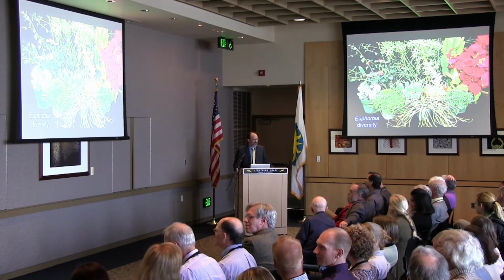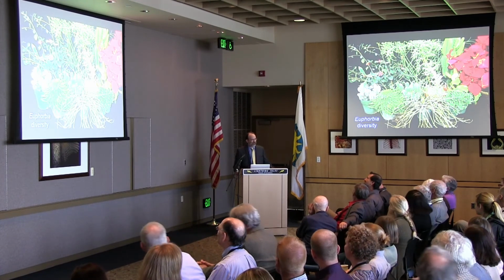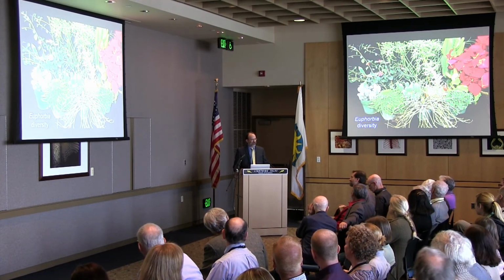Lynn: Have you gone back to look to see if any of the morphology in your plants agrees with the molecular phylogeny? The question is, have we gone back and looked at the morphology and does it agree with the molecules? Certainly, the succulents, if you look at the details of the succulents, many of them have subtle differences. So on the surface, yes, these are all sort of fat chunky things that have water storage.